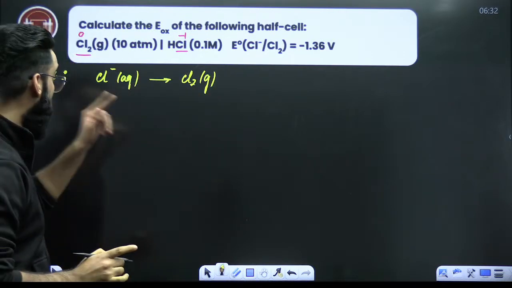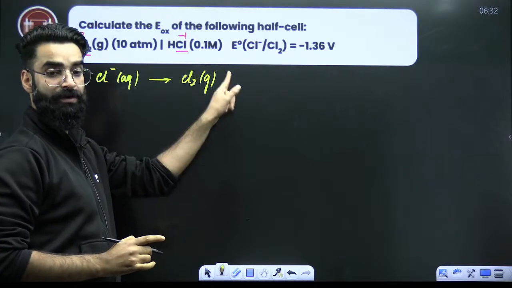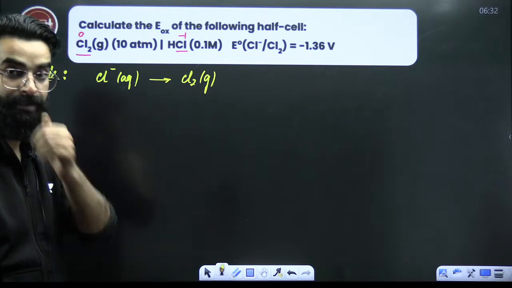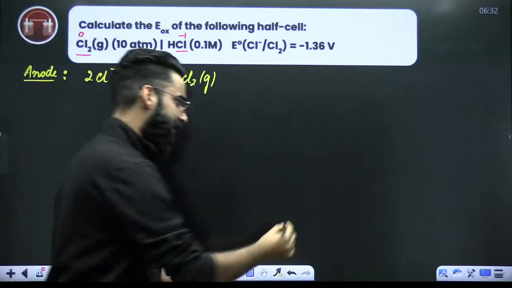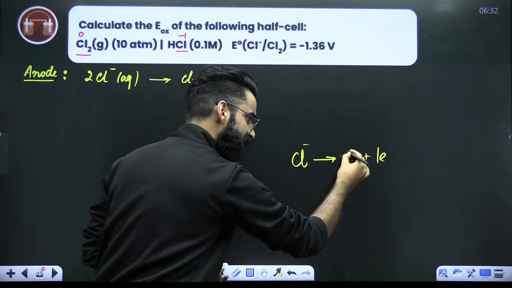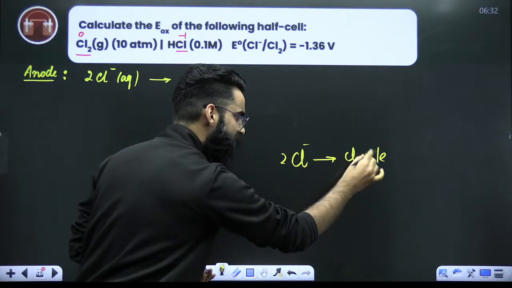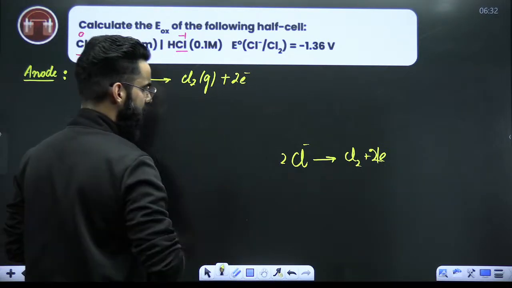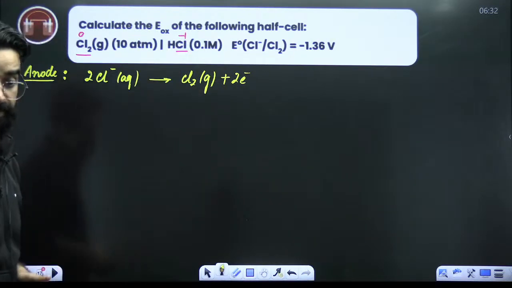So now it becomes -1 to 0, an increase in the oxidation state, which means oxidation, loss of electrons. Now this is Cl2, so this has to be 2 times Cl negative. One Cl negative, when it loses one electron, gets converted into Cl. As per the equation, Cl2 is 2, so you'll be writing 2 electrons with it. I hope this is clear. Okay, so this is the reaction.